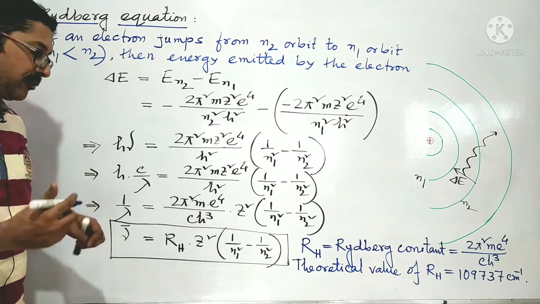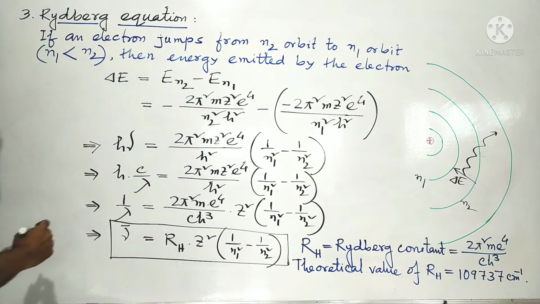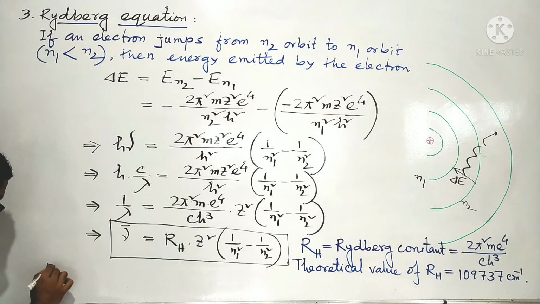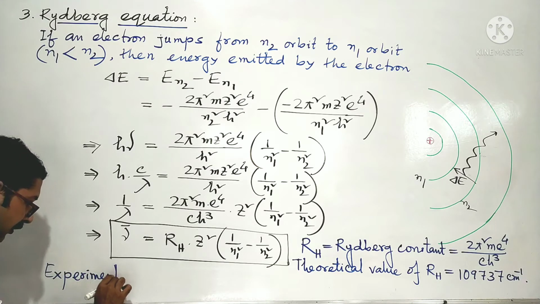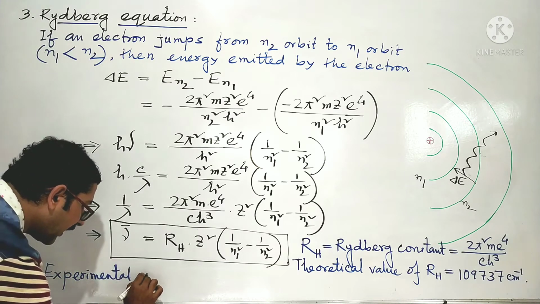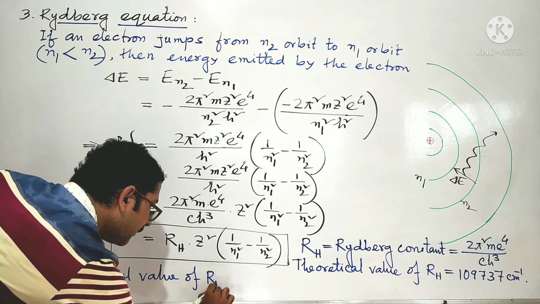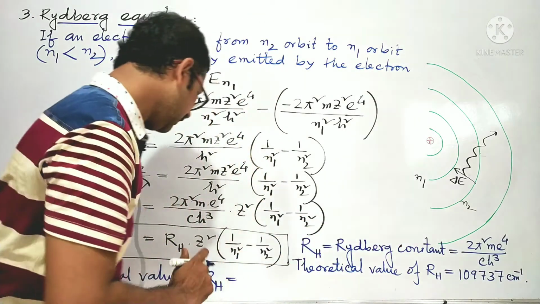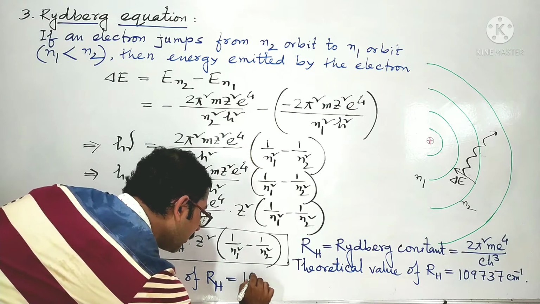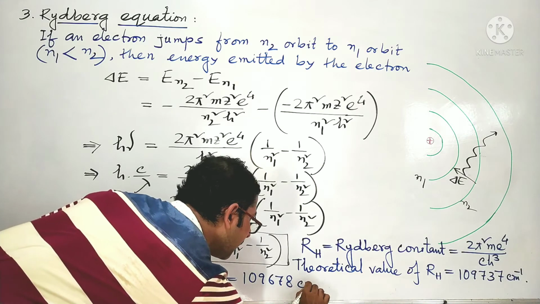And from the spectroscopic data we get the experimental value of RH. The experimental value of RH differs very little from the theoretical value. This one is 109,677 or 678 centimeter inverse.